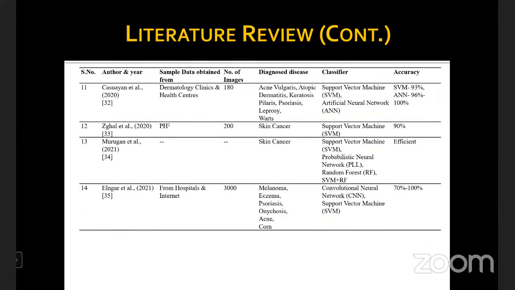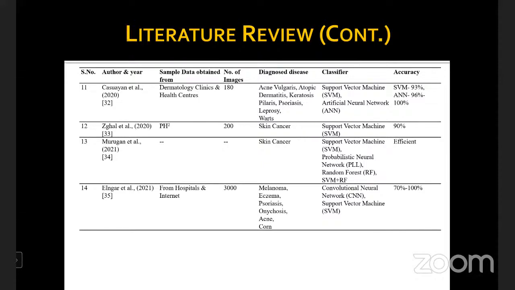Now, another study undertaken in 2020 used 180 images, obtained from different dermatology clinics and health centers, and it was used to diagnose various skin diseases like acne vulgaris and some kinds of cancer also.